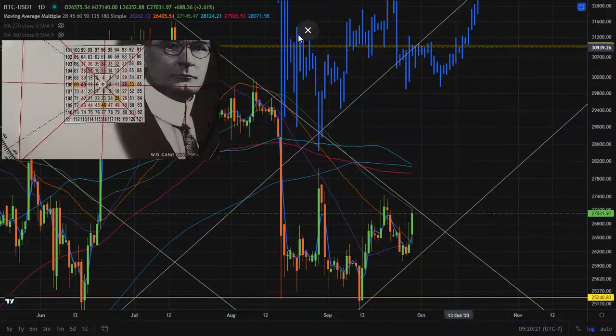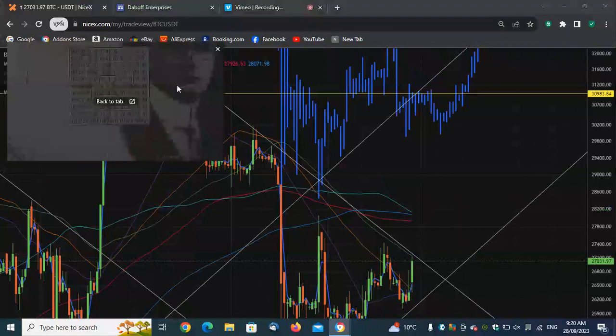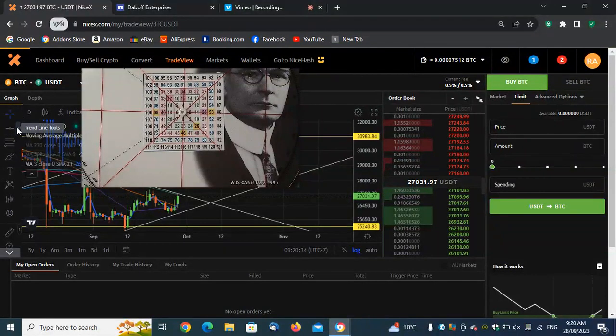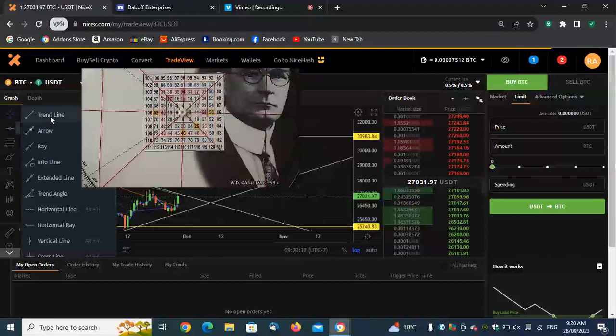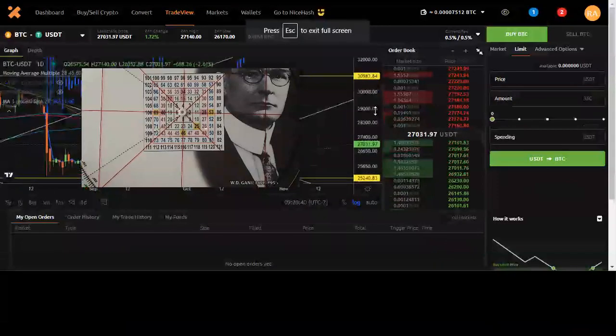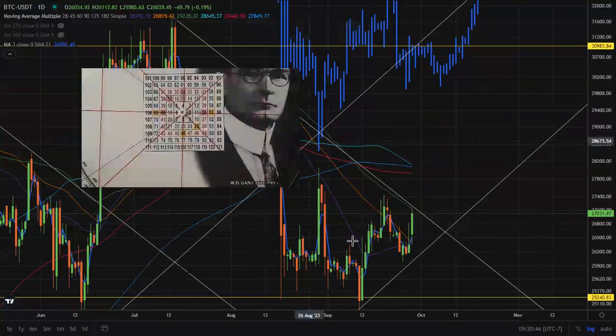So let's go ahead and let's just do a little projection line. And then we'll refer back to our square, and in which case we can find the correct place where we think it may end up. Let's just go have a quick look at that. Just wait for the chart to repopulate here.